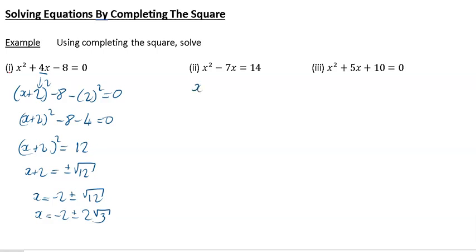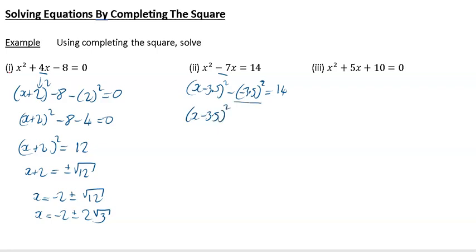On the left hand side, half of the coefficient of this thing would be minus 3.5, so minus 3.5 goes into that bracket, and then you need to remember to take away minus 3.5 squared on the left hand side, and that's equal to 14. So we just do a wee bit of rearranging. X minus 3.5 squared still inside the bracket.